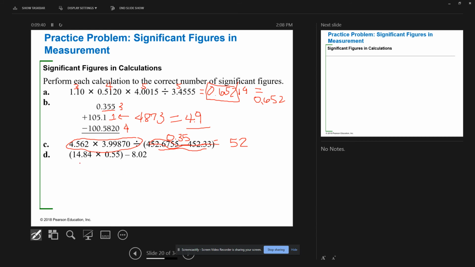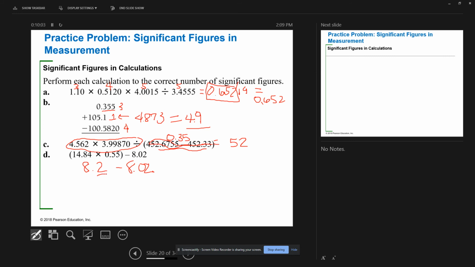Same thing applies here. I'm going to do these parentheses first. It's multiplication, least amount of significant figures. And if I do that math, I get 8.2. It'd be 2 significant figures because I have 4 here and 2 there. Then I'm going to do the subtraction.